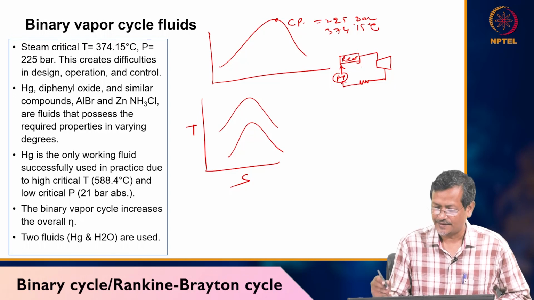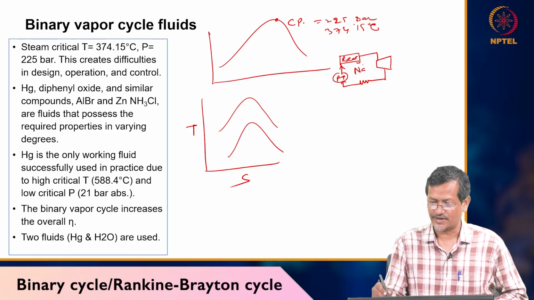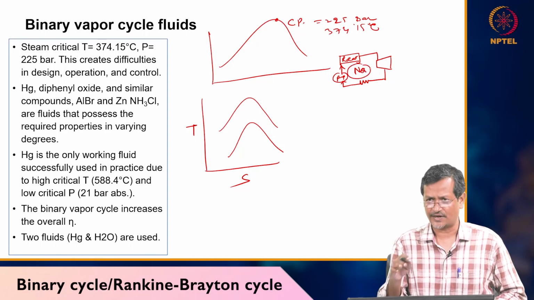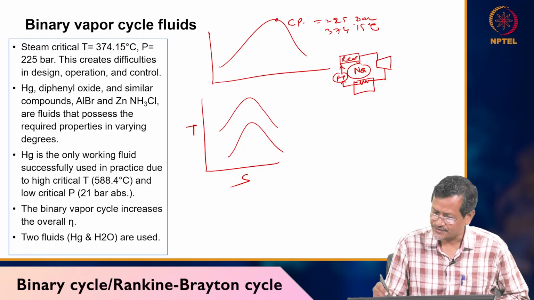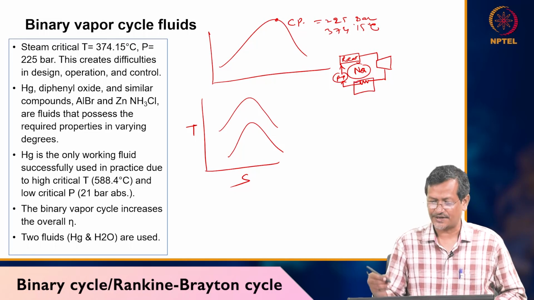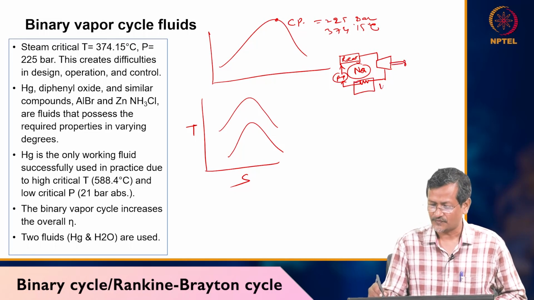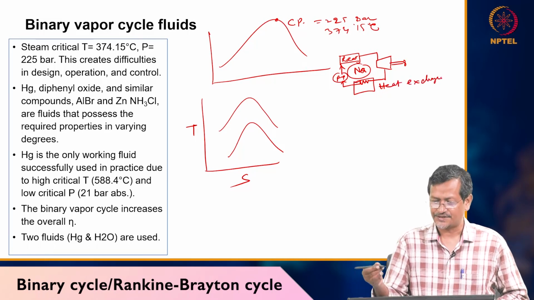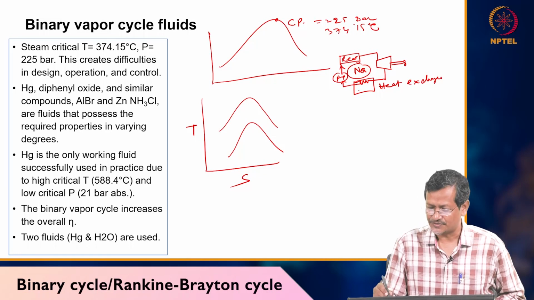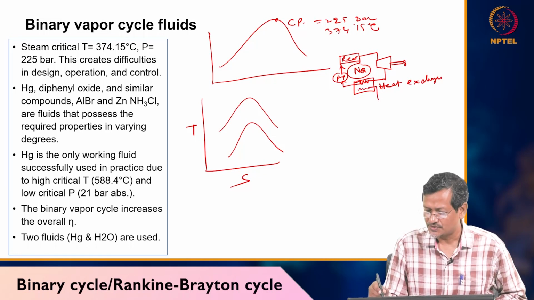Okay, and this can be like say sodium cycle possible, because at very high temperature sodium can be liquid like water. Okay, now I have one heat exchanger. So this heat exchanger, this is heat. This heat exchanger temperature is also very high. Okay, so this will be used to increase your water temperature.